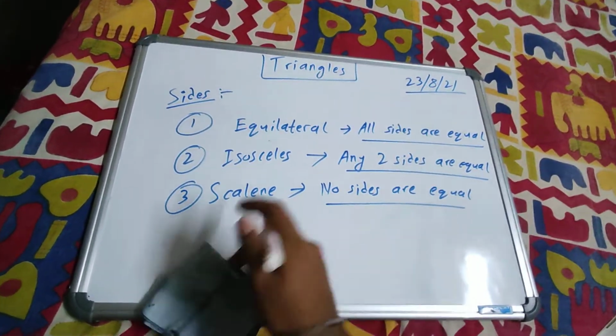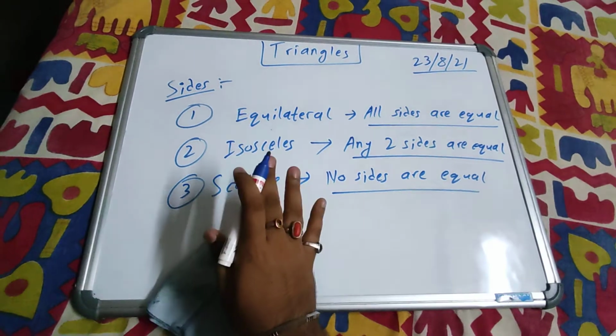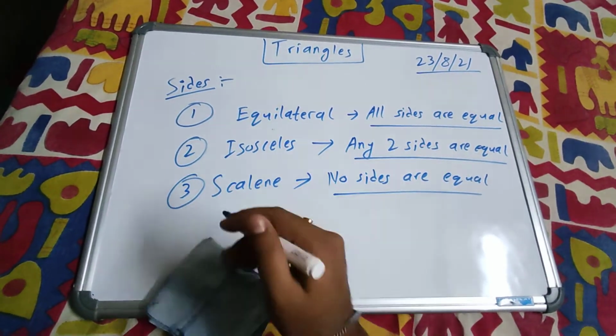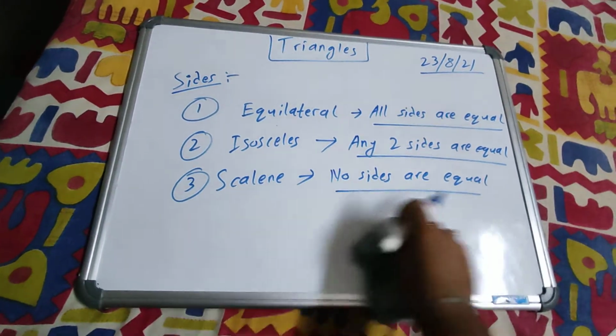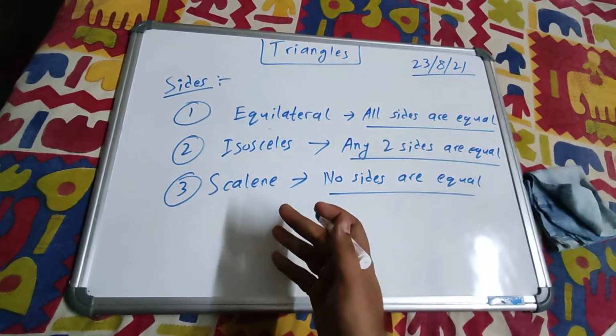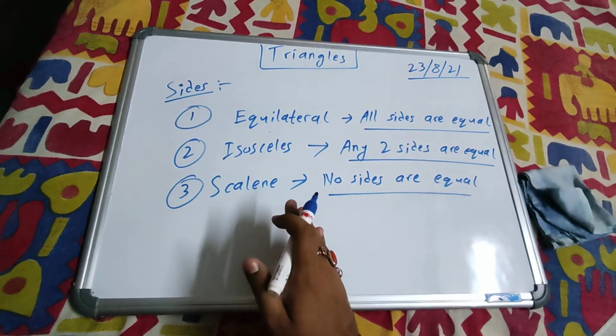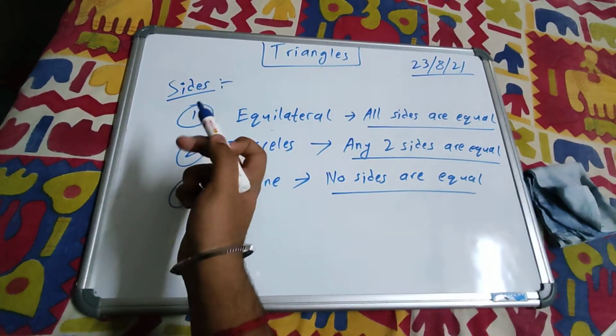And last of all, in scalene triangle, no sides are equal. That means every side is different from the others. So these are the three kinds of classification of triangles based on sides.